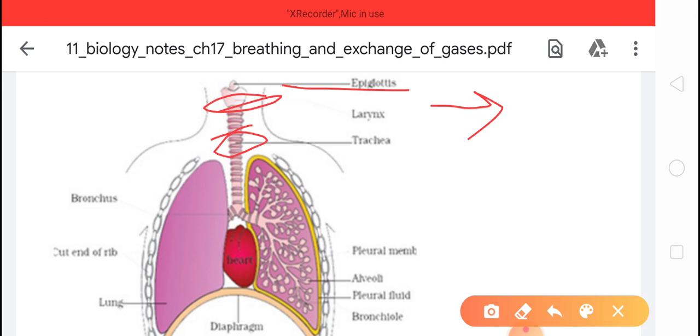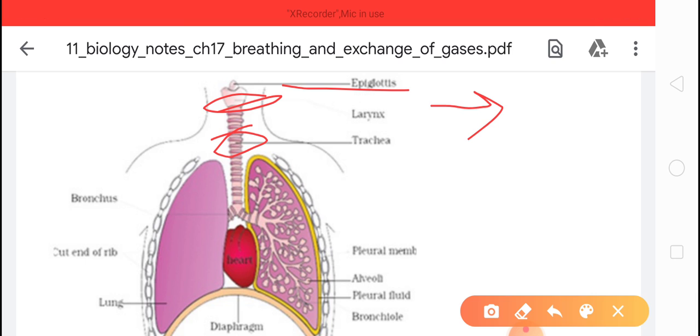Then each bronchus undergoes repeated division and forms secondary and tertiary bronchi.